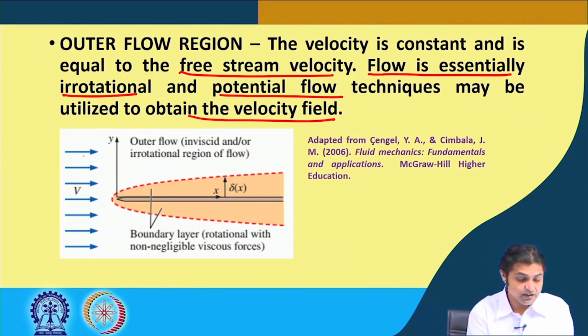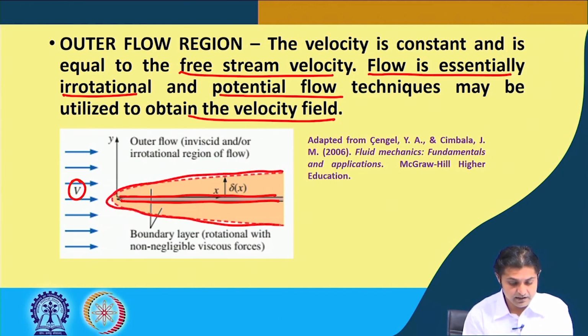Here it shows that the flow is coming with a velocity V, and there is a plate here. You see, this is the plate, and if the flow passes over it, this region that is enclosing the flat plate is actually the boundary layer as indicated here, and the flow here is rotational as we have seen, with some finite viscous forces.